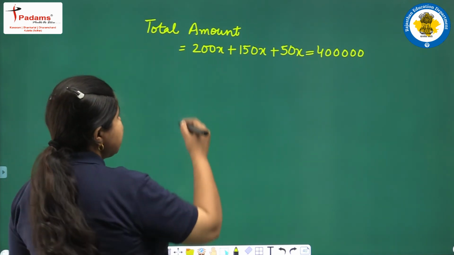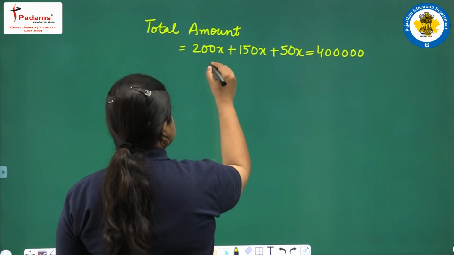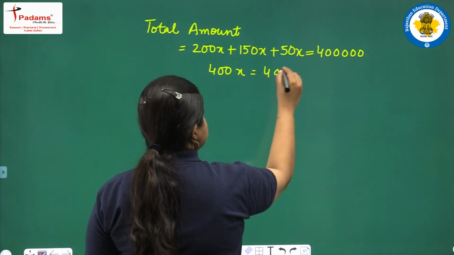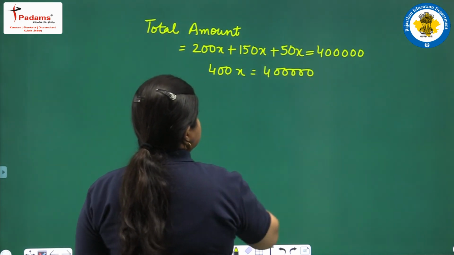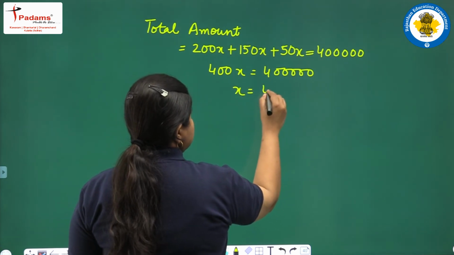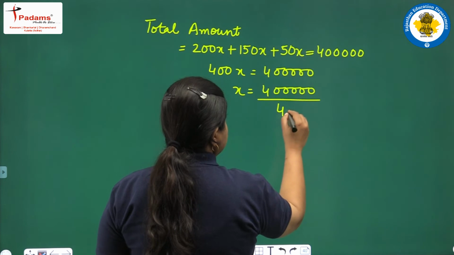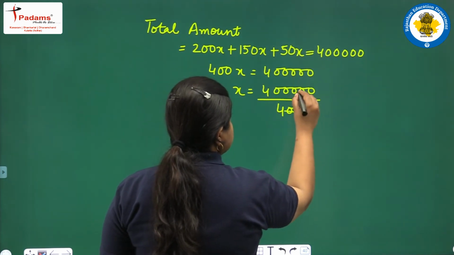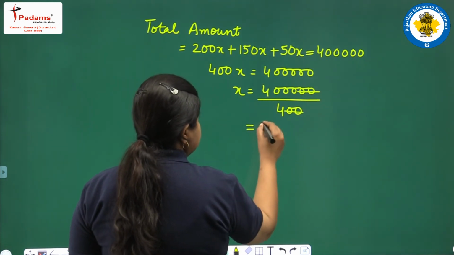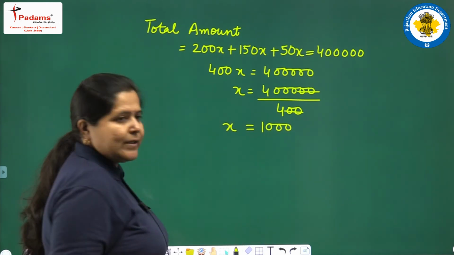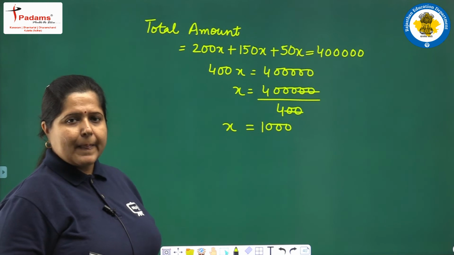Now simply add the three terms and you will get 400x equal to 4 lakhs. x will be equal to 4 lakhs upon 400. Two zeros will be cancelled and dividing by 4 we get x equal to 1000.